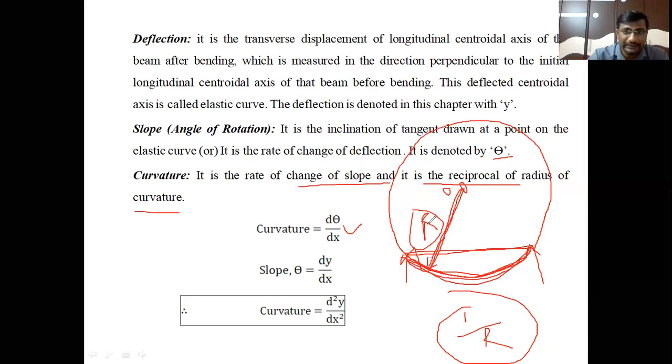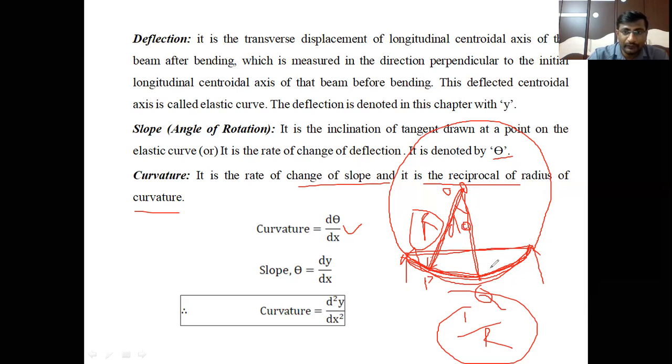How do we know d theta by dx? Let us take two points P and Q on the curve. I will explain in the next slide. PQ are two points on the curve which make an angle of d theta at the center of curvature.